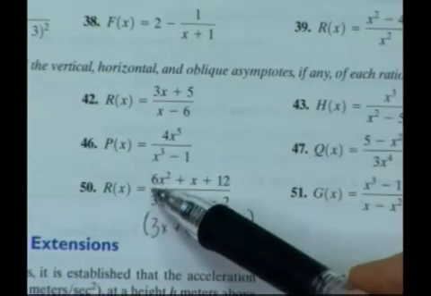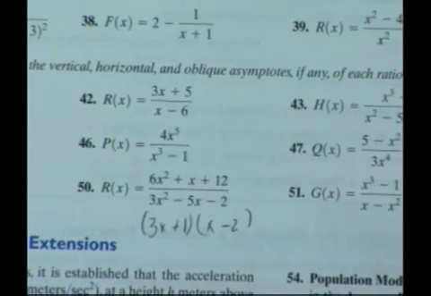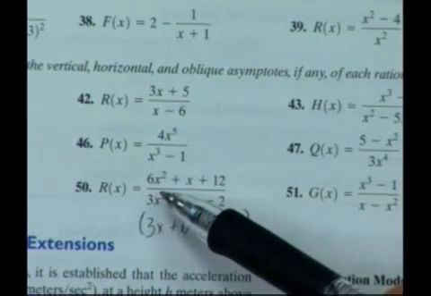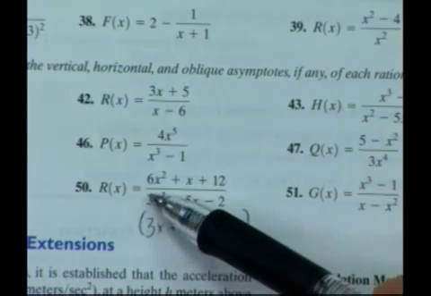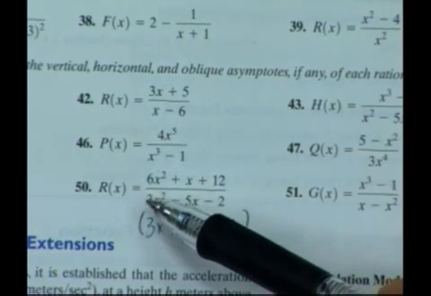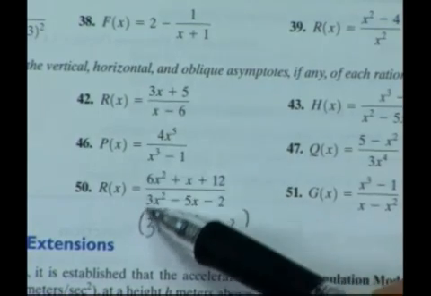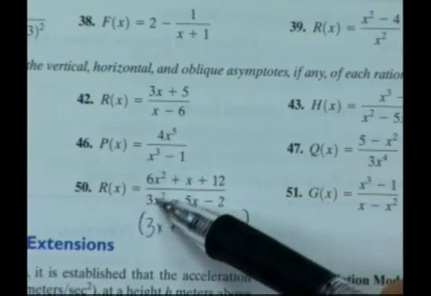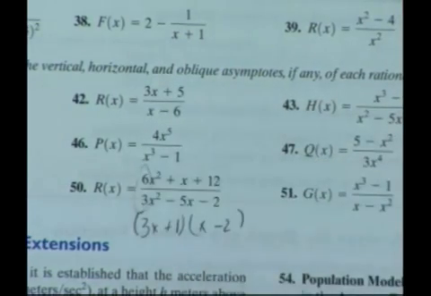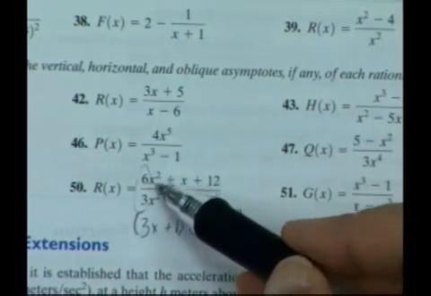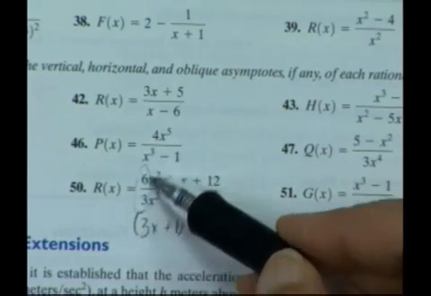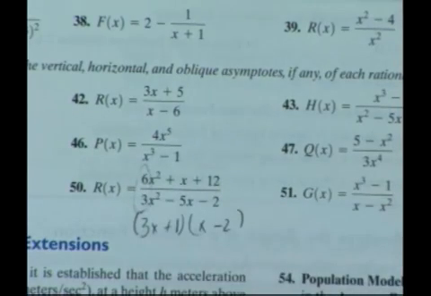Y equals 2. So you take the leading coefficients and then reduce. But only when the exponents are exactly equal, then y equals the ratio of the leading coefficients.